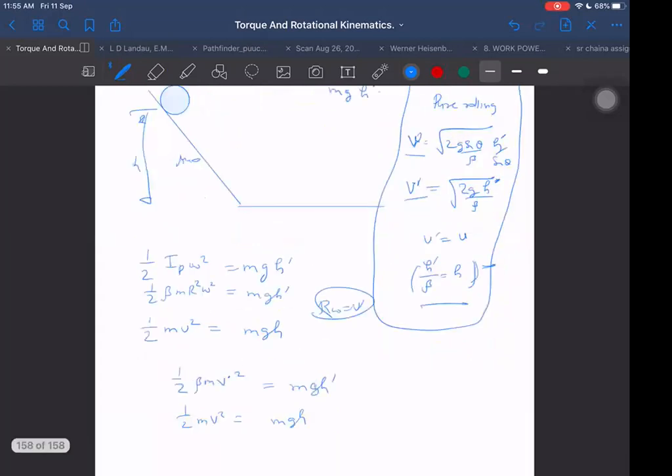We get v dash upon v into beta, whole square, equal to h dash by h. They are saying v dash is equal to v. If v dash is v, then this gets cancelled. Then again the same thing: h dash by h is equal to beta.